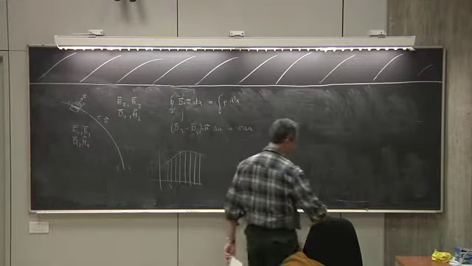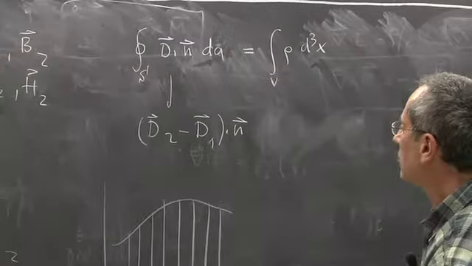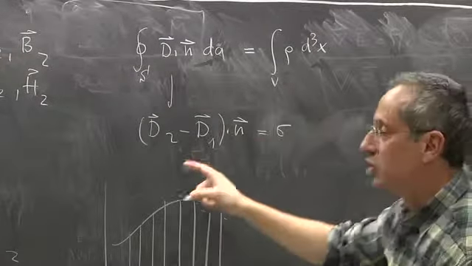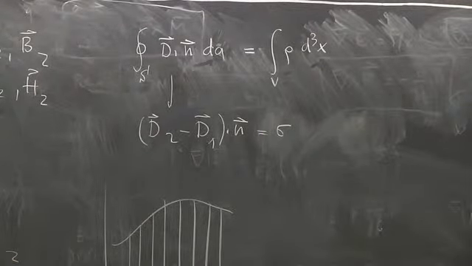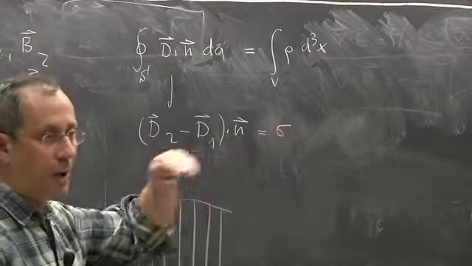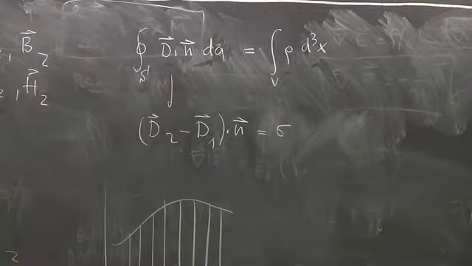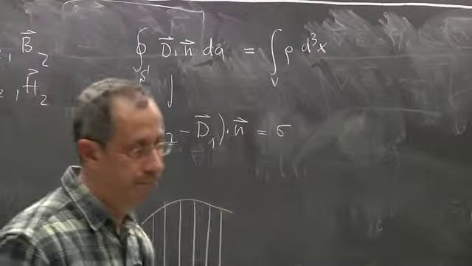Because I can, so this is equal to this, then I can eliminate the common factor, and I get the change in the electric displacement, D, is proportional to how much surface charge you have there. In other words, if you have zero charge on that surface, the D field goes continuously. And D2 is exactly equal to D1 because you have 0 here. Okay?